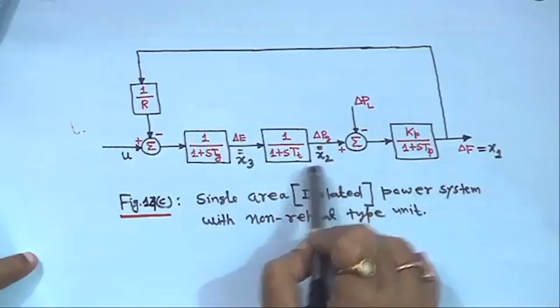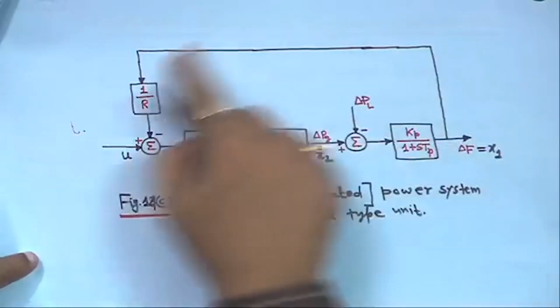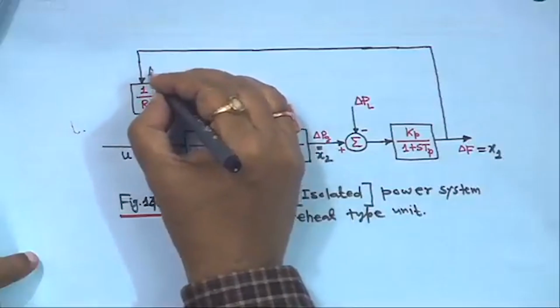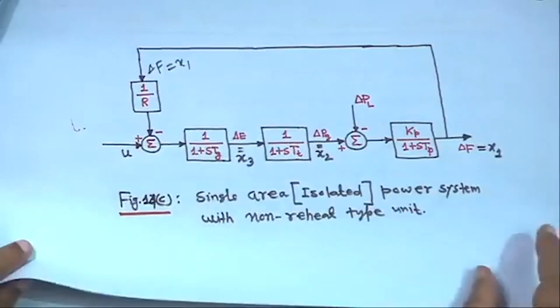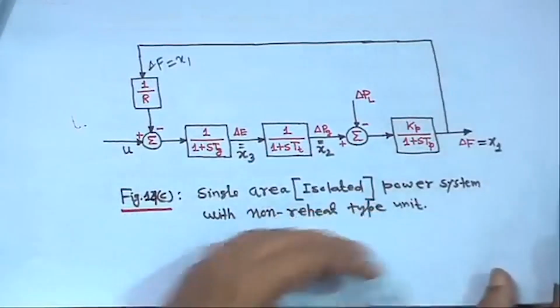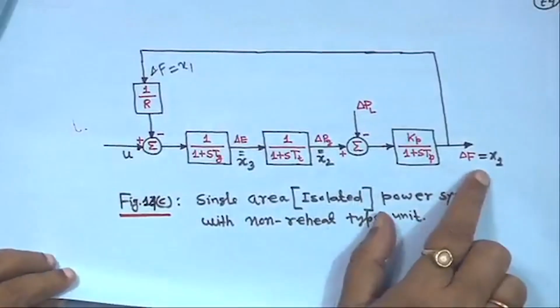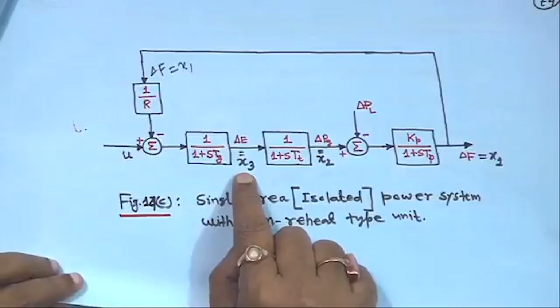This is x1, this is x2, this is x3, this is u, and this is your delta f coming here. That means delta f is equal to x1, this state variable. So, this is figure 14c. With this I have shown you how to write down the state variable equations x1 dot, x2 dot, x3 dot, right.